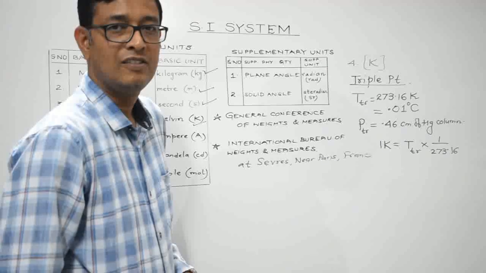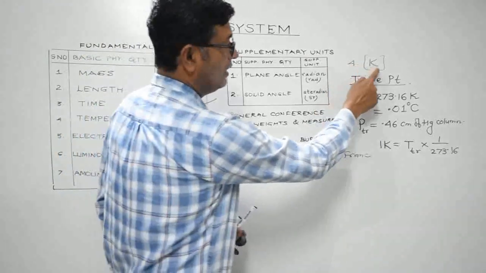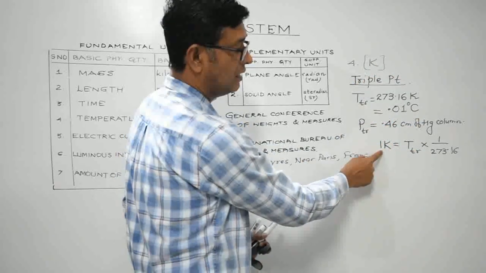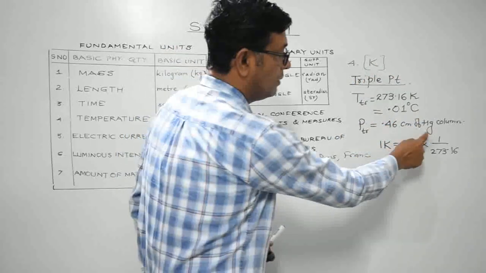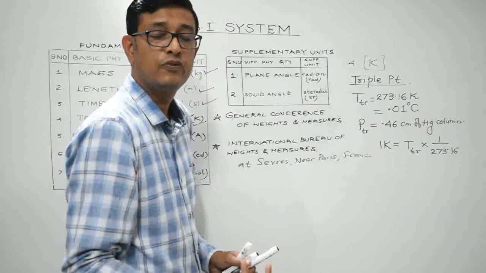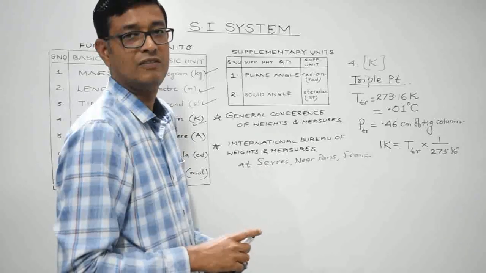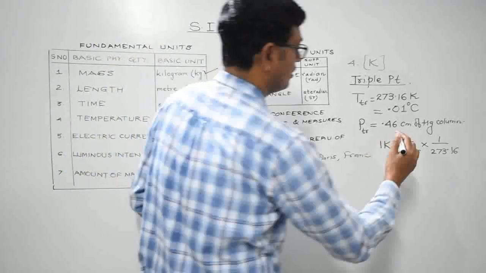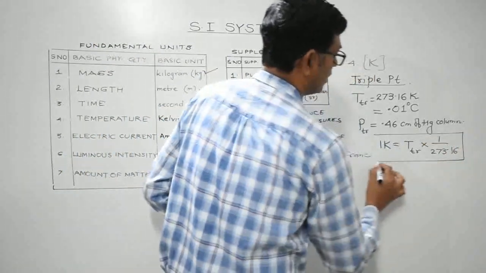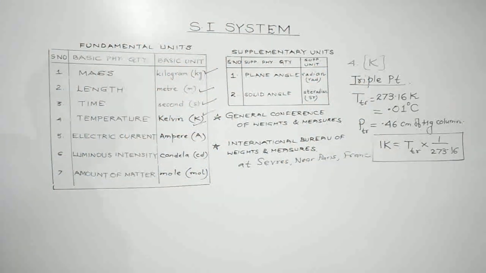Simple. So how to define 1 Kelvin? 1 Kelvin may be defined as 1 by 273.16 of the thermodynamic temperature of the triple point of water. Right? This is the thing which you need to remember. So that is how Kelvin is defined.